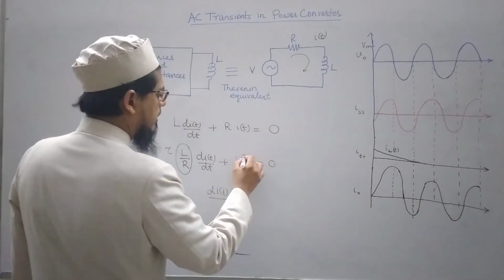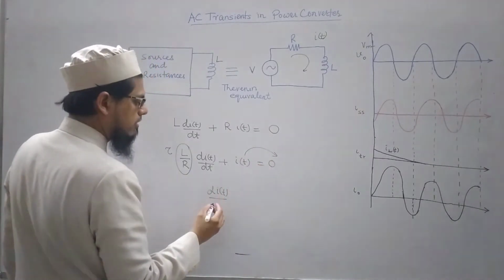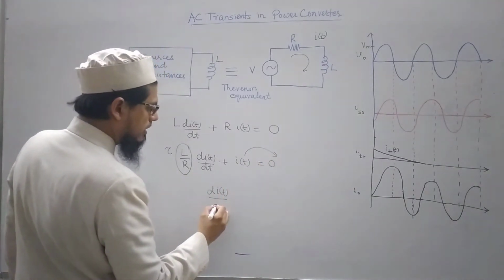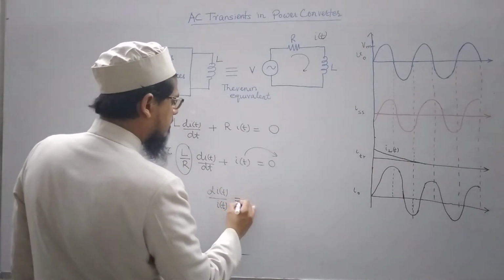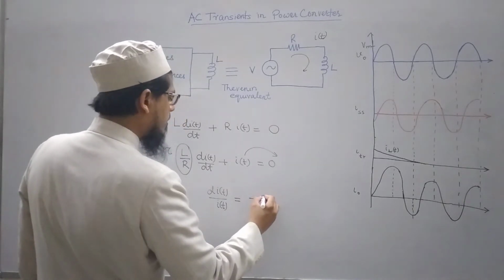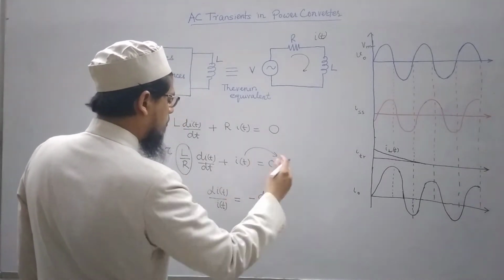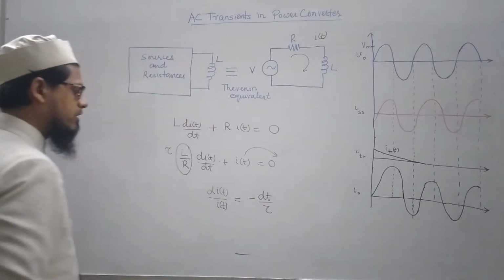Let me bring iT to the right side and then bring it as the denominator here, so diT by iT is equal to minus dt by tau.